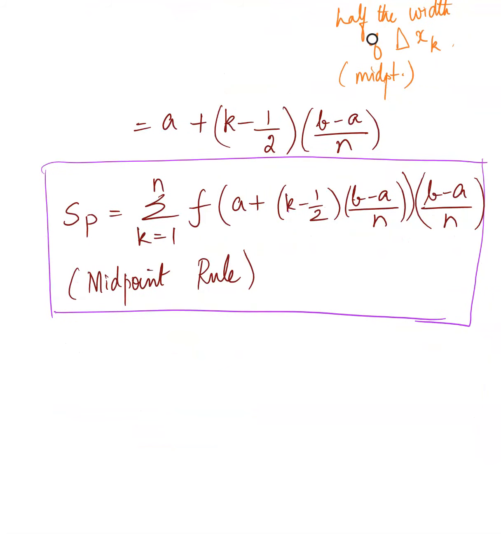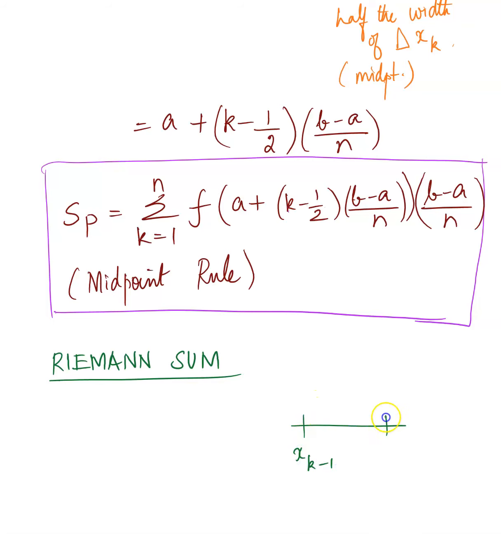This is where the Riemann sum concept really helps us. So Riemann says, if you had a subinterval, the kth subinterval, we shouldn't be worried about choosing the left endpoint or the right endpoint or the midpoint.